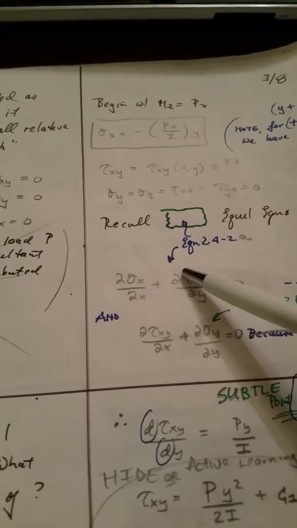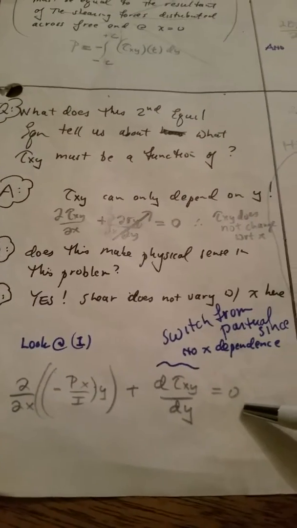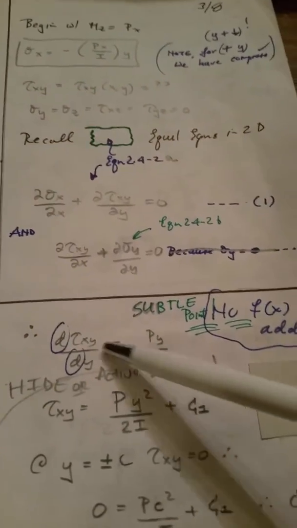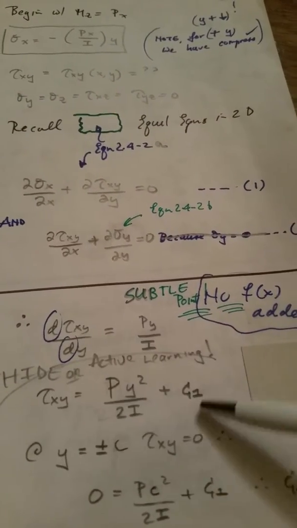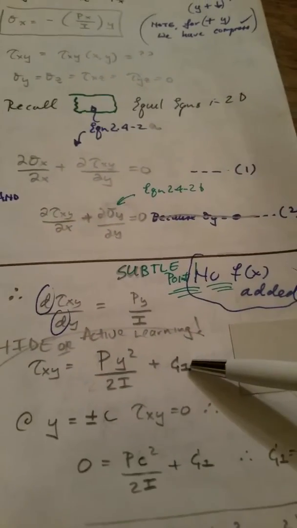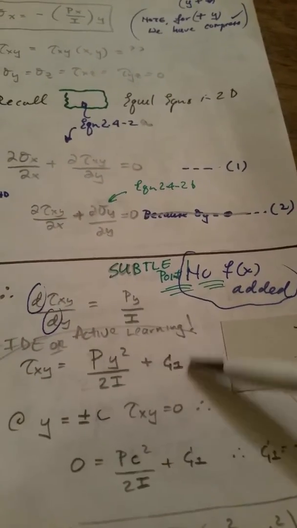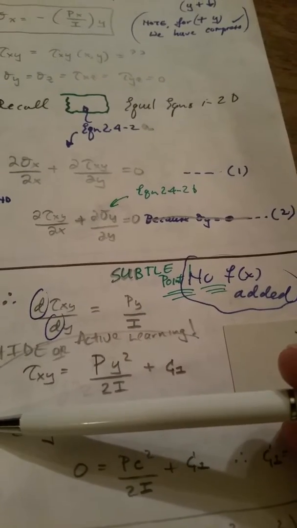So I have partial sigma x partial x plus d tau xy dy is equal to 0. That's a terrific expression. And then I integrate, I lift out the tau xy, picking up a constant here instead of a function. And how do I get the constant of integration for this type of equation?